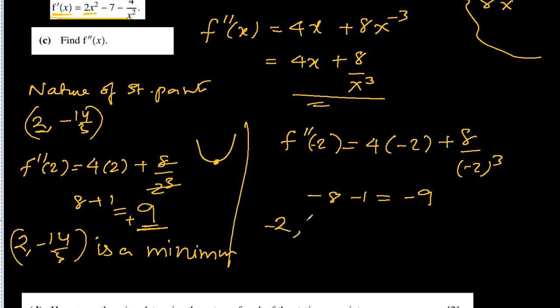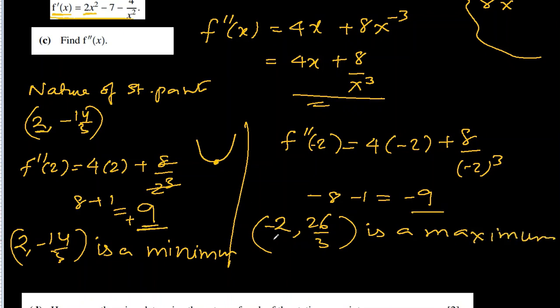So minus 2, 26 over 3 is a maximum point. Obviously, if the second derivative is negative for that particular x value, it shows that it is opening down at that particular instance, and the turning point or stationary point is a maximum.